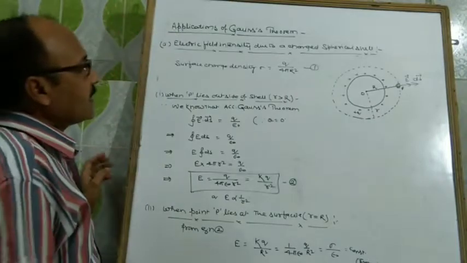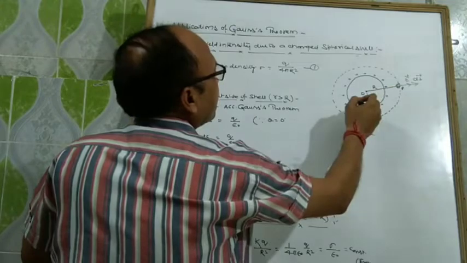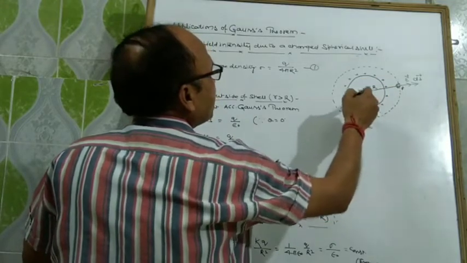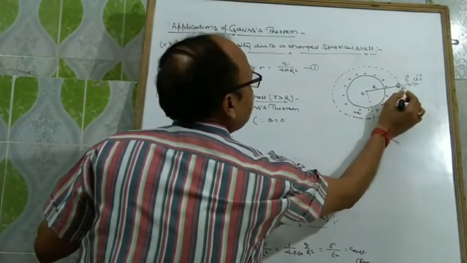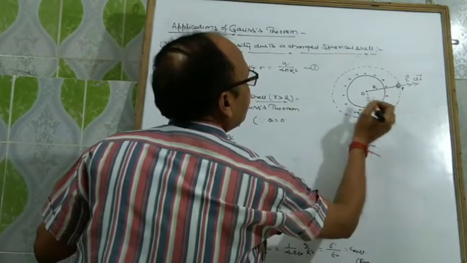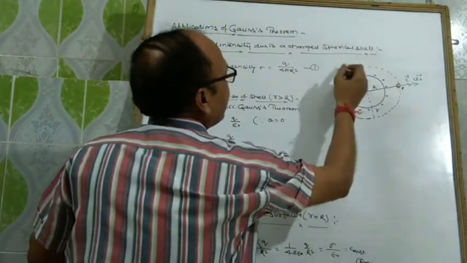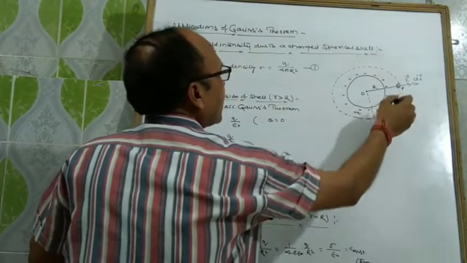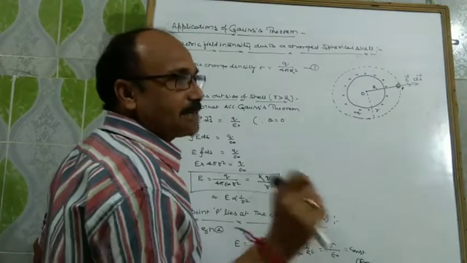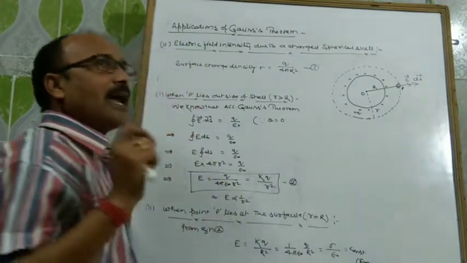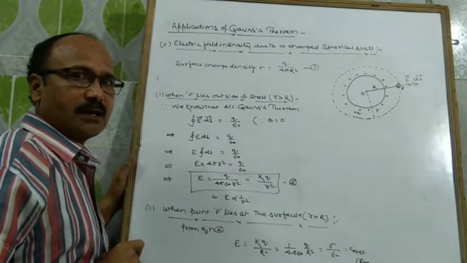First of all, we are taking the first case, when the point P lies outside the charged spherical shell. Let P be at a distance small r from the center of the shell. For that we have to draw a hypothetical sphere around the shell of radius small r. And this hypothetical surface is known as the Gaussian surface.